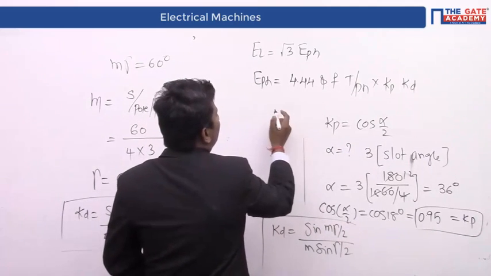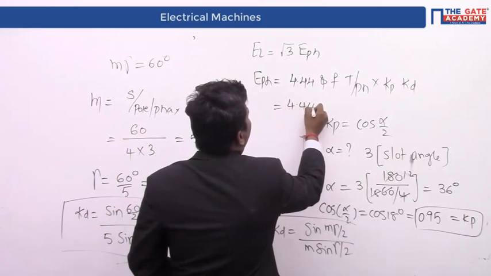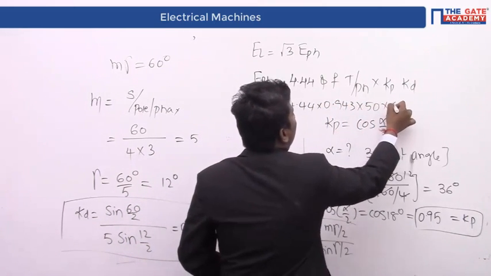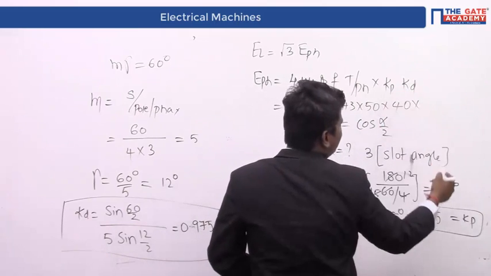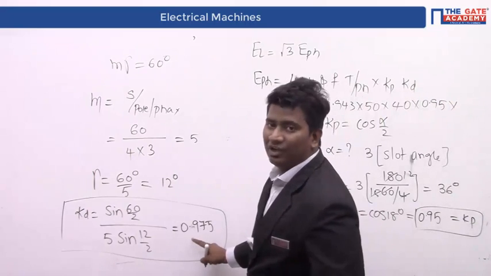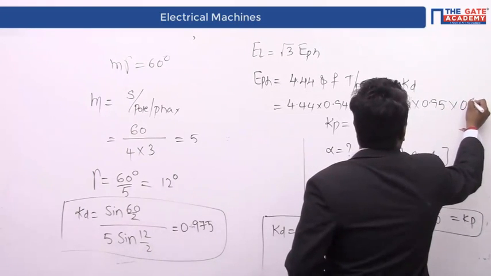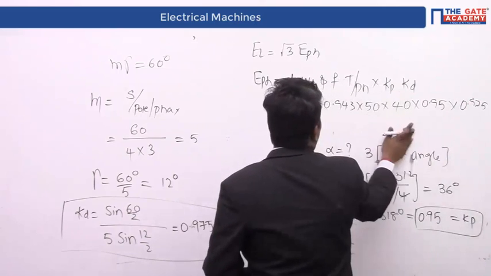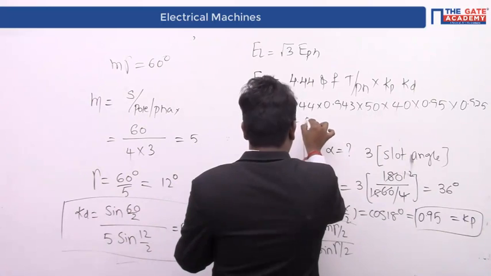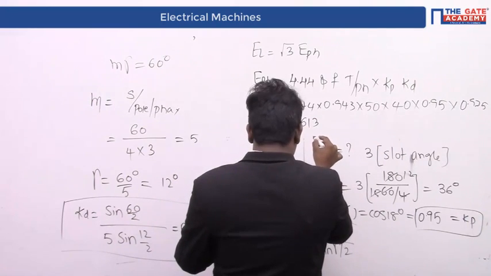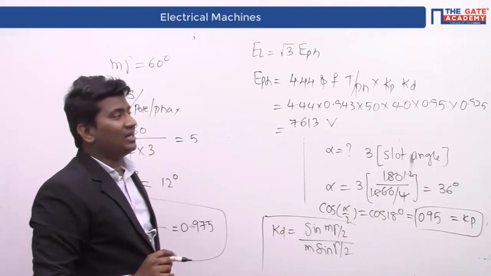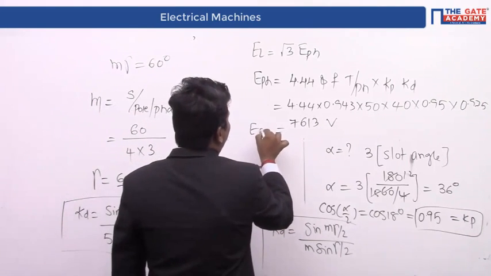Finally, your answer is equal to 4.44 into 0.943 into 50 into 40 into Kp, which we got as 0.95, into Kd, which we got as 0.975. Therefore, the resultant answer is 7613 volts. E per phase is 7613 volts.